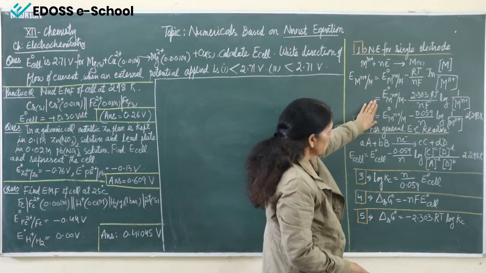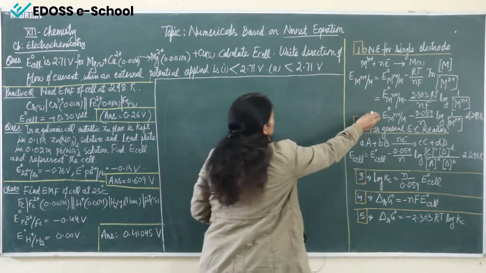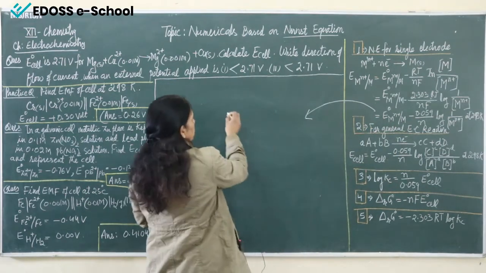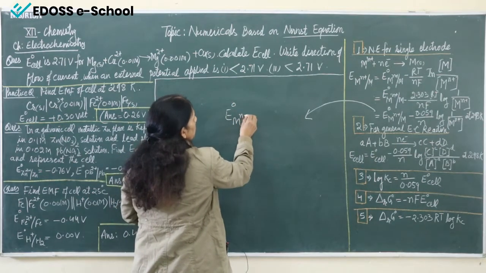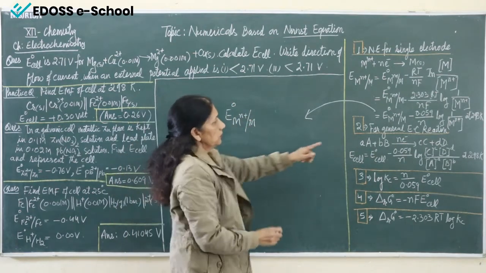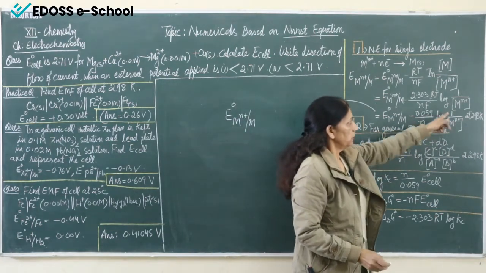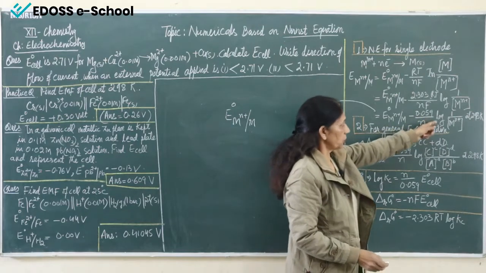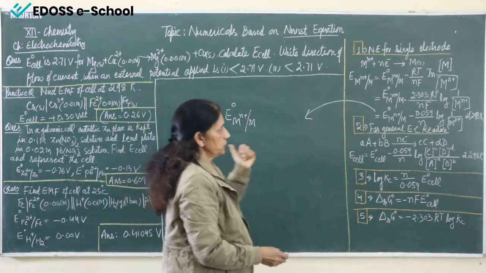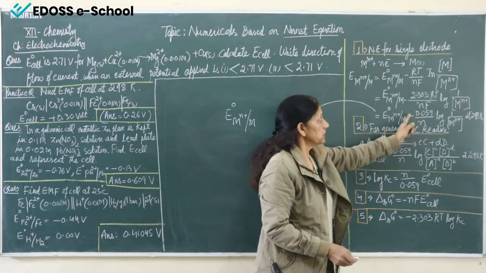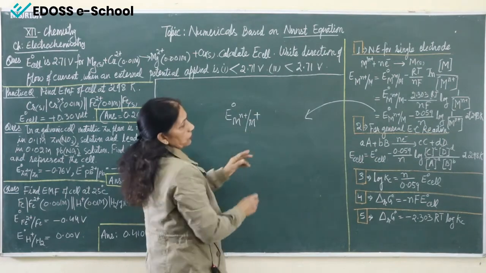The same equation we can write in this way also. This is E naught M n positive oblique M. Sometimes for calculation, for solving the log, I have a question of that type, I'll show you. Suppose there is some problem coming here, we can convert it this way also.